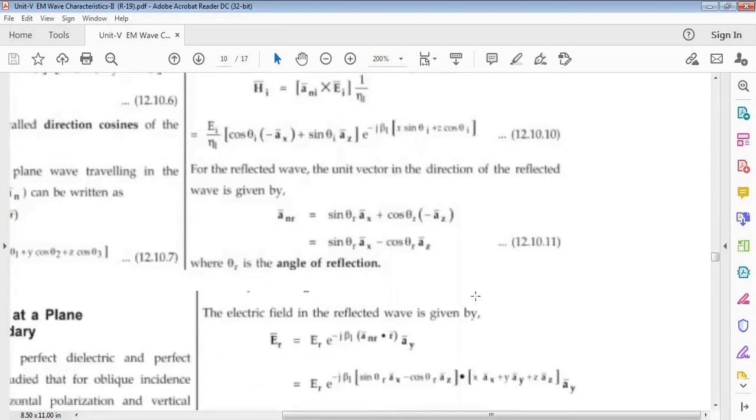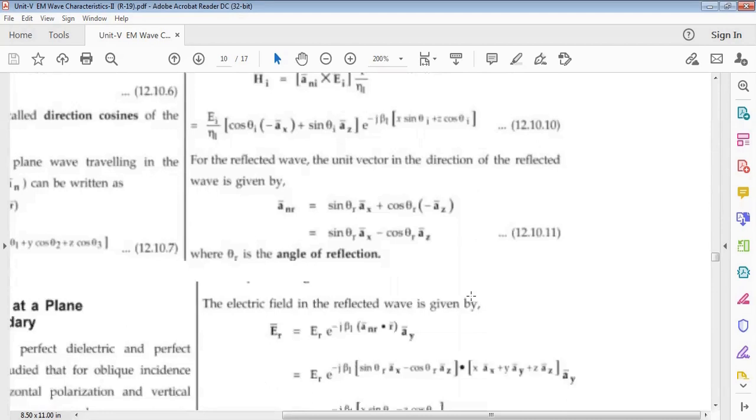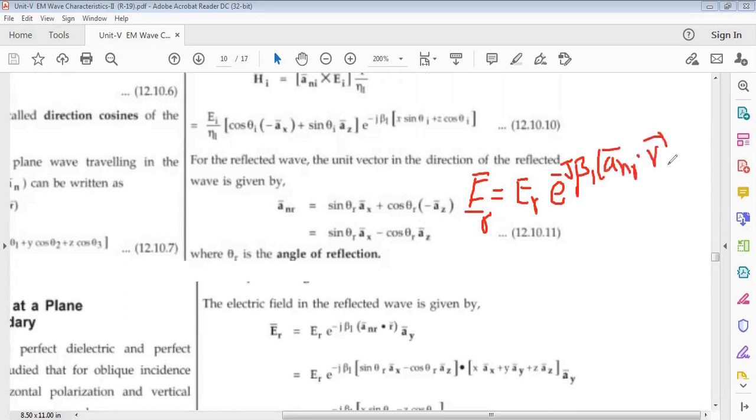The electric field of the reflected wave, what is the electric field? Again, you can write the same equation. Previously we took the EI, now ER bar is equal to, the magnitude is ER and e power minus j beta 1 into ANR bar dot R bar into AY only, because the wave is propagated in the X Z direction and the X is already there.